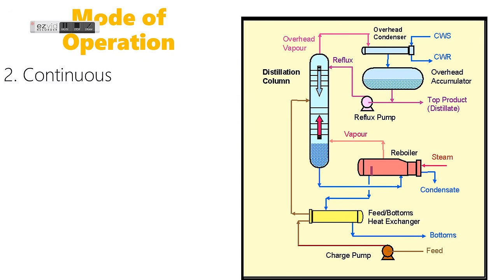Continuous columns are capable of handling high throughputs. Besides, additional variations can be utilized in a continuous distillation column, such as multiple feed points and multiple product drawing points. Therefore, continuous columns are the more common of the two modes, especially in the petroleum and chemical industries.